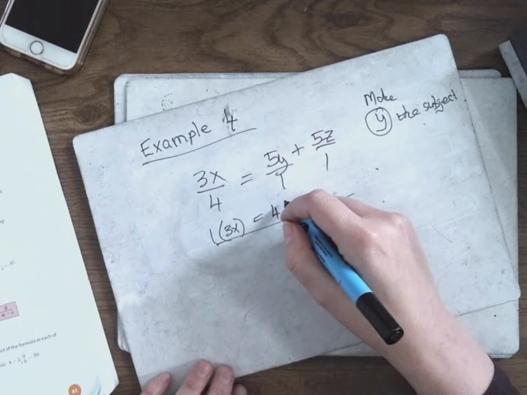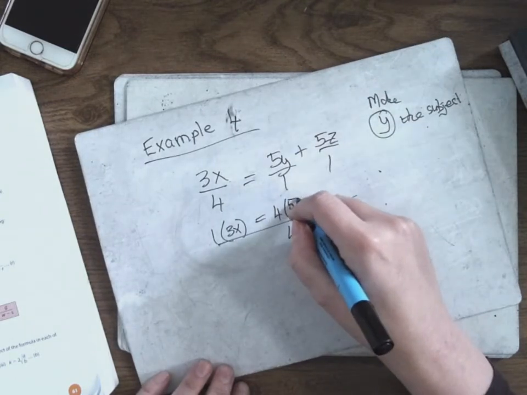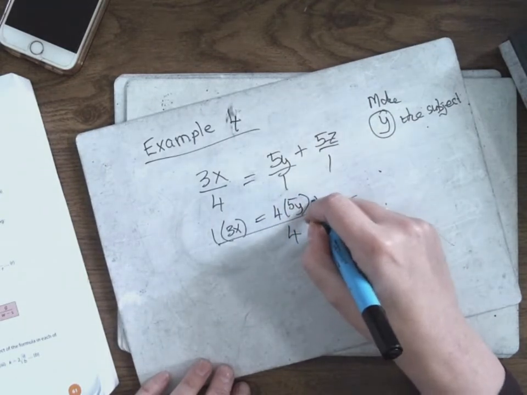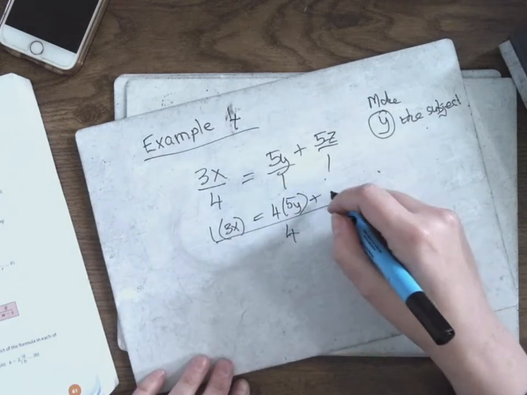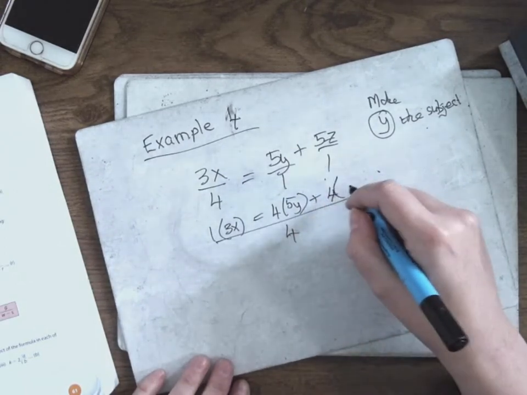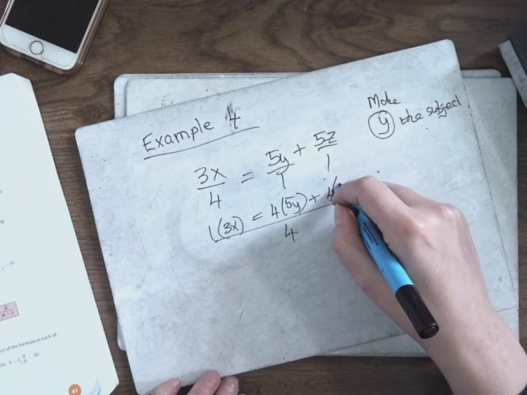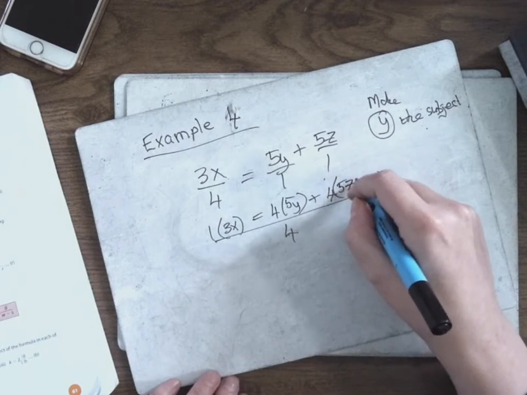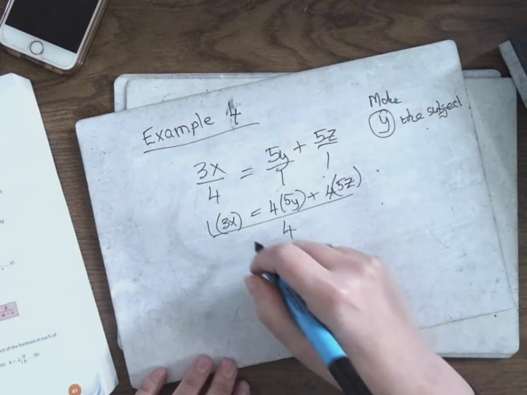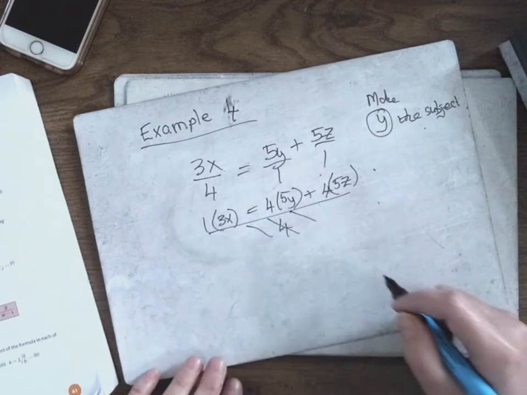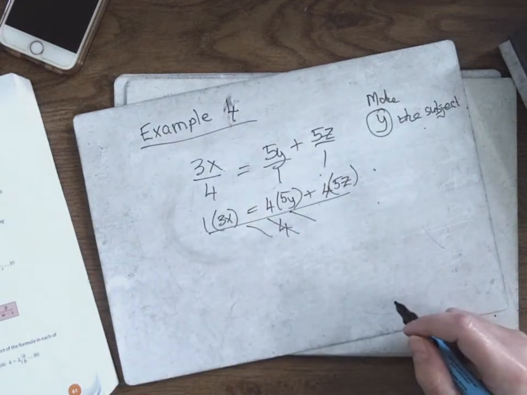What's above the line? 5y. Right? 1 into 4 goes 4 times multiplied by whatever's above the line. What's above the line? 5z. Okay? The common denominator has done its job, so I'm dropping it. Its job was to even everything up, and it did.